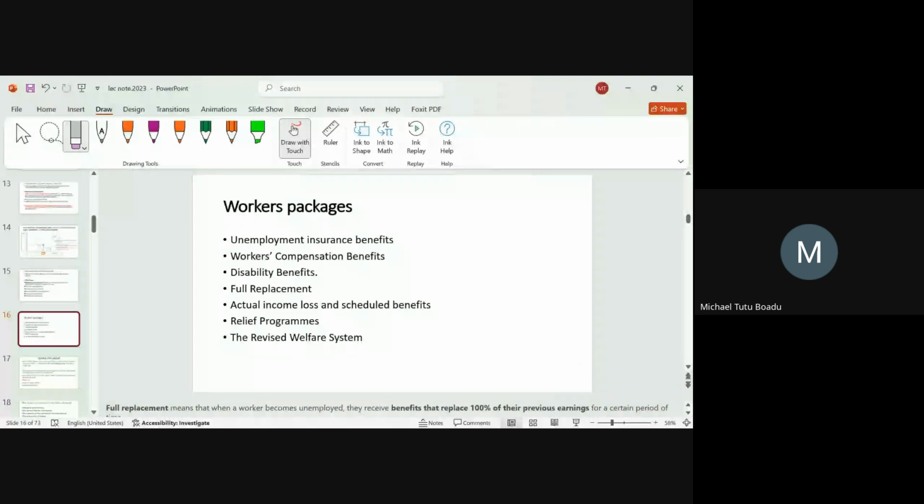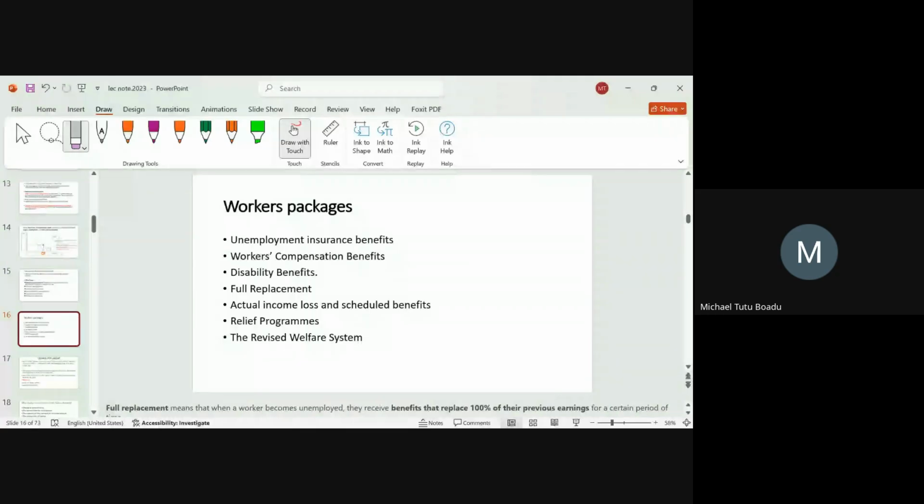Workers' compensation benefit, disability benefit, full replacement. Full replacement means that, for example, if I become unemployed due to a circumstance that is not my fault, then the company would decide to pay me 100% of my salary. If I'm receiving 1,000 Ghana cedis, even though I'm laid off or unemployed, they'll give me my 1,000 Ghana cedis every month up to a certain number of years or months.